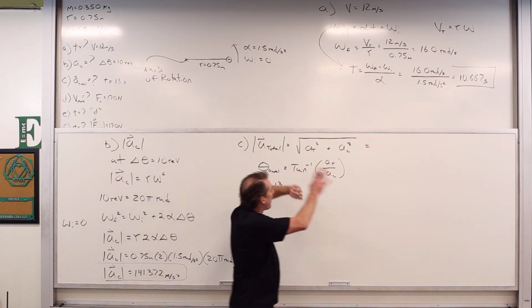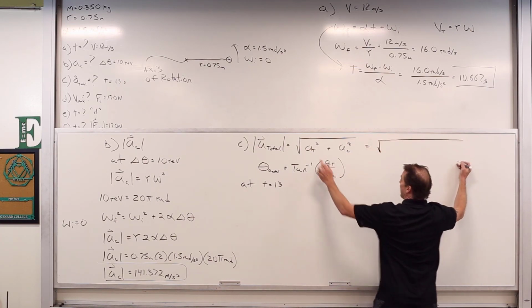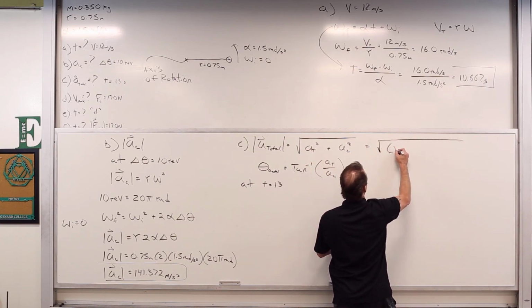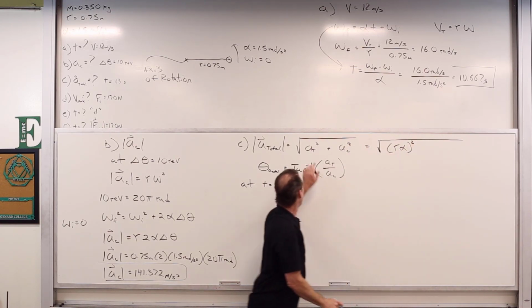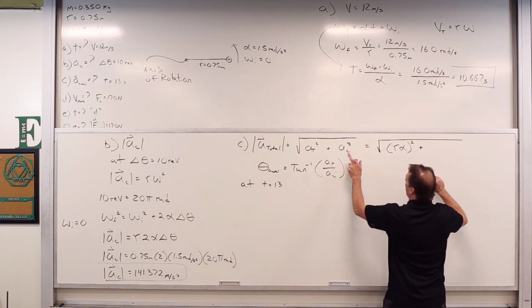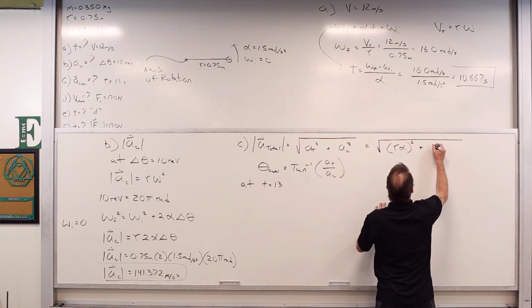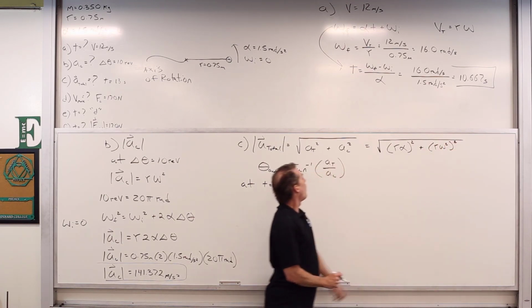So let us write this out a little bit differently. The magnitude is the square root of r times alpha, quantity squared, that's a sub t, plus r omega squared, quantity squared.